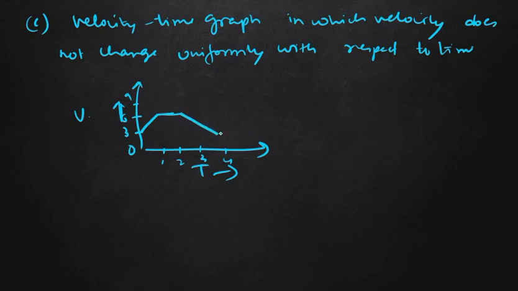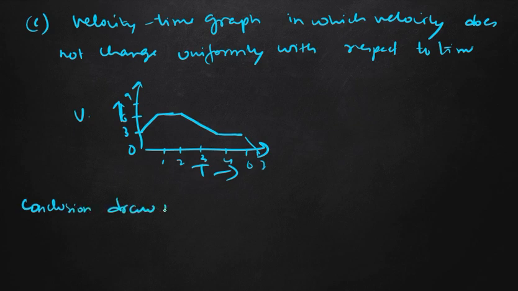After some time it again increases, and after some time it again decreases. So we have discussed the 3 graphs and how to calculate the displacement. So if the velocity time graph is parallel to the time axis, then the body is moving at a uniform velocity. Okay, so that is the conclusion.